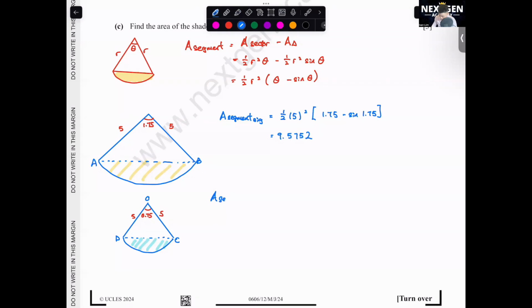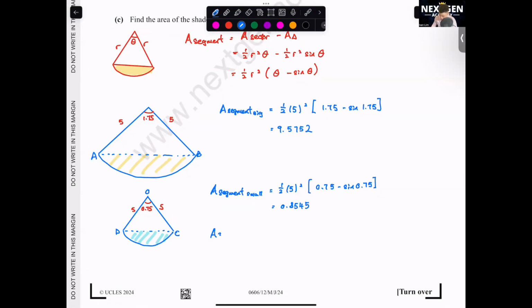Okay, area of this segment, the smaller one, I'm going to use half 5 square, 0.75 minus sine 0.75, which will get 0.8545. Okay, so area of the shaded, you're going to take the big one minus the small one, which is 9.5752 minus 0.8545. Final answer, 8.72.